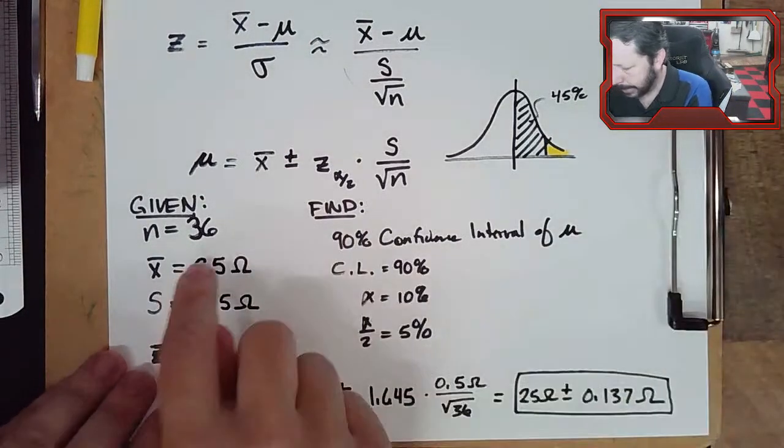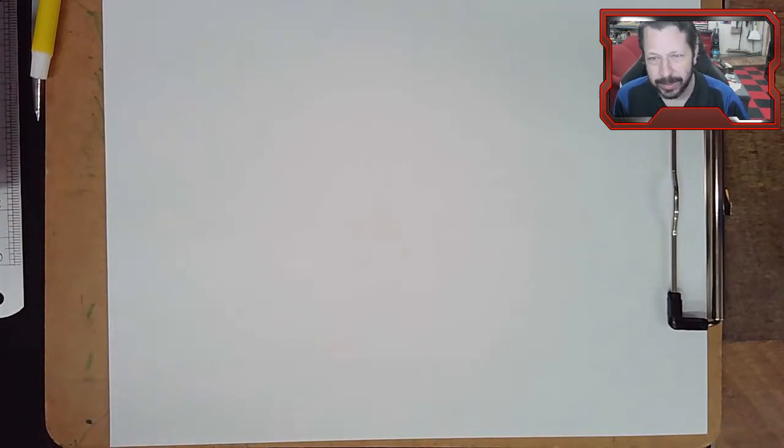What if we didn't have 36 samples? So if it's not large, if it's less than 30, or significantly less than 30, but 30, 35, somewhere in there, and I don't know if you'll ever find an exact number, 30 or 35, some people will say 40.